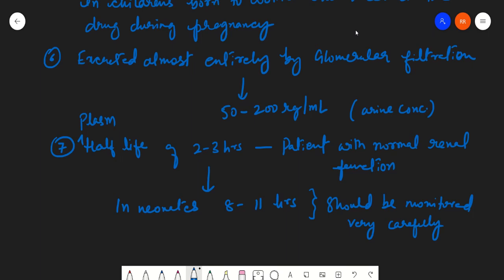It will stay in the plasma for a longer time in neonates and children, so it should be monitored whenever aminoglycosides are given to neonates or children. In children it will be around 5 hours.